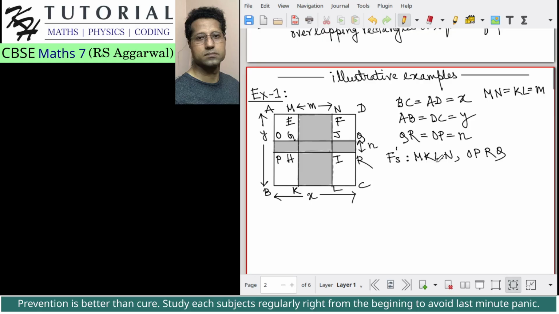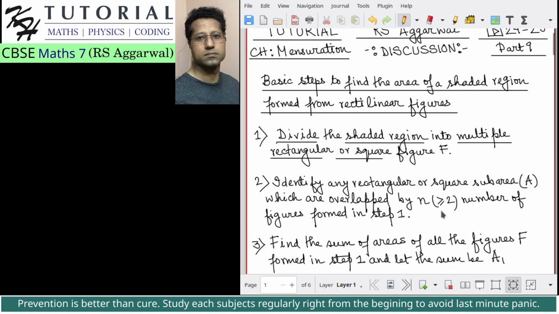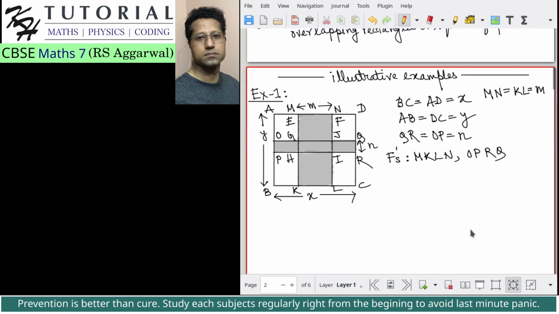Now clearly you can see that these two rectangles have an overlapping region. So what are the overlapping regions? In step 2, identify any rectangular or square sub area A which is overlapped by two or more figures from F. As you can see, the overlapping area in this case is the rectangle GHIJ.